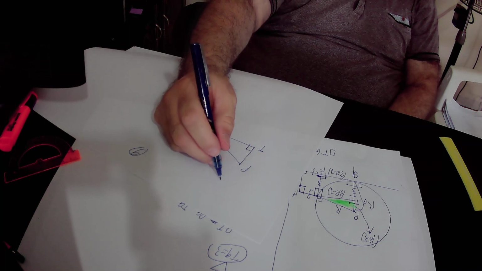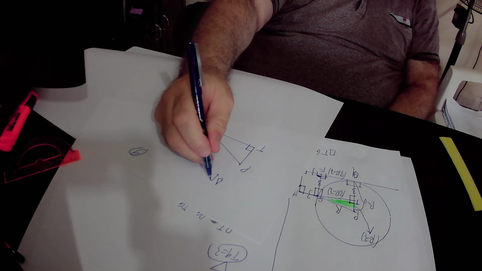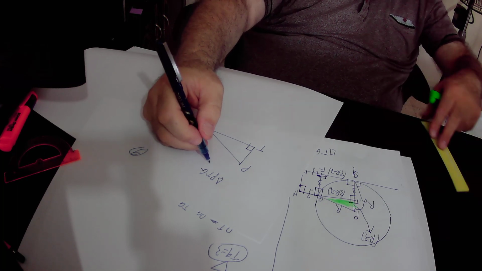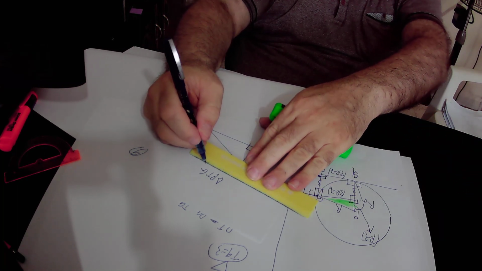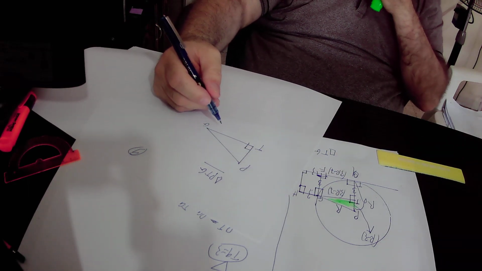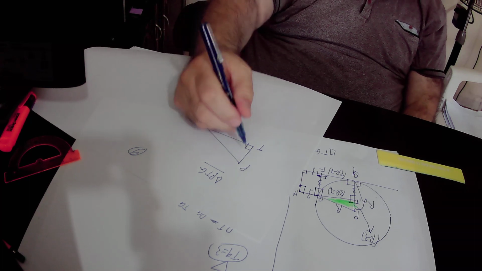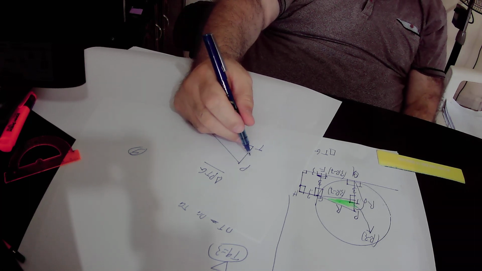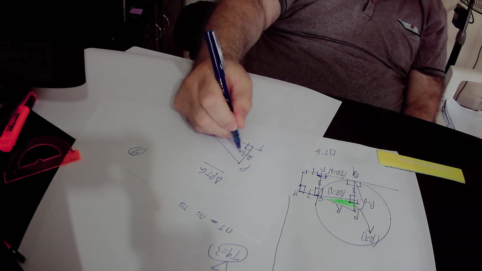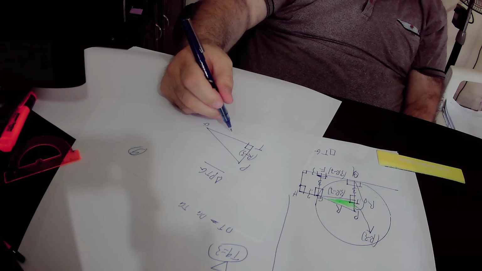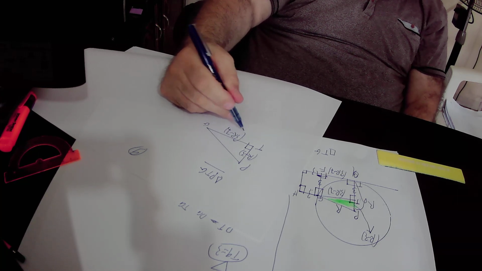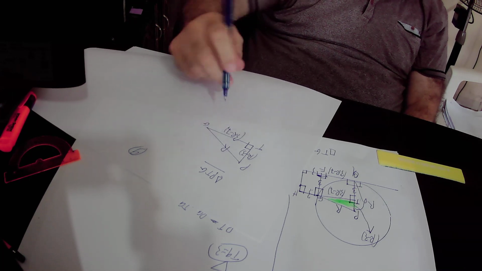So this is the right triangle PTG that I copied from the original drawing. We have already found out that PT equals capital R minus 3, TG equals 3R minus 7, and the hypotenuse PG equals capital R.